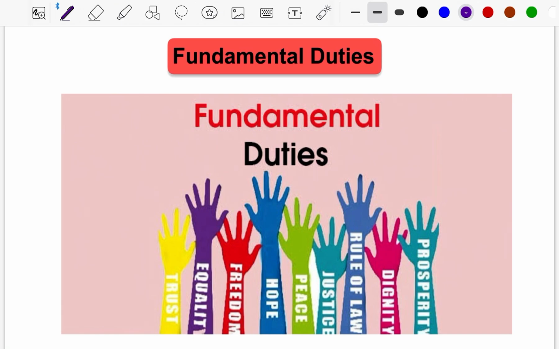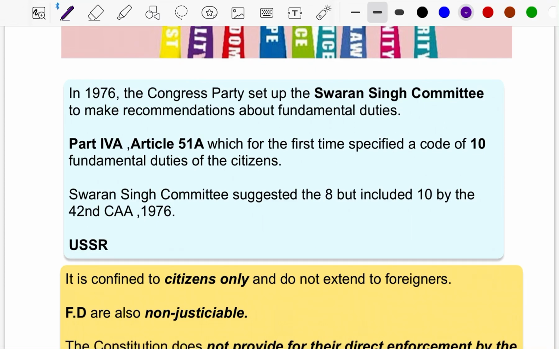Fundamental duties actually got incorporated on the recommendation of the Swarn Singh Committee in 1976. Here you can see in 1976, under the Congress Party rule, the Swarn Singh Committee was set up, which recommended that fundamental duties should be included in our constitution.